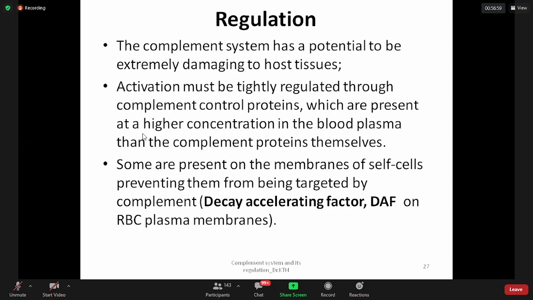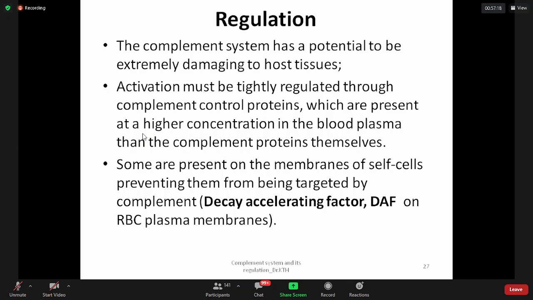Now, some of these complement control proteins are found on membranes of cells, okay? An example of this is the decay accelerating factor, also called DAF, which is found on the red blood cells.